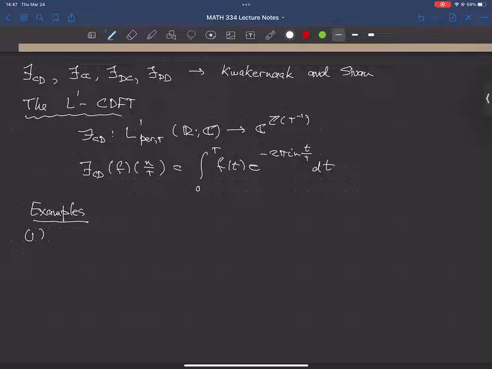So I'm going to work with two kinds of examples. The first pair is going to make connections to the approximate identities that we talked about, well, I forget whether it was last time or the time before, when we were talking about approximate identities and convolution.